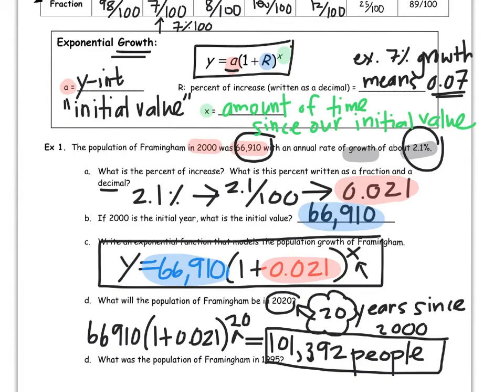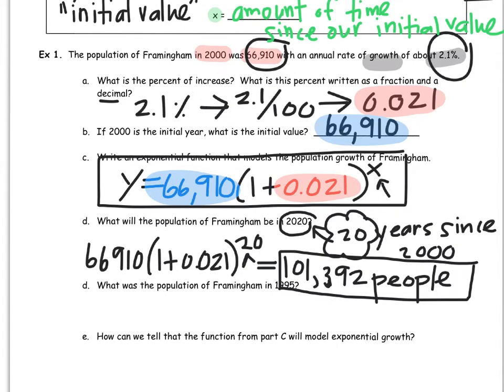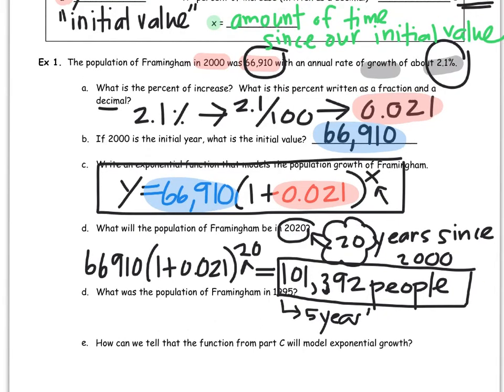All right, this says, what was the population in Framingham in 1995? So basically, we started recording the population in 2000. That means that 1995 is 5 years before 2000. That actually means we have to go backwards in time, and it means I'm going to use the value of -5 when I plug this into my calculator.